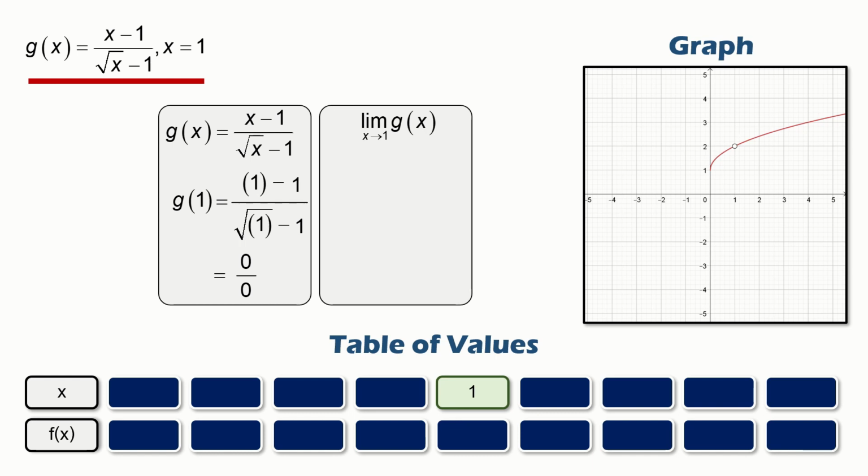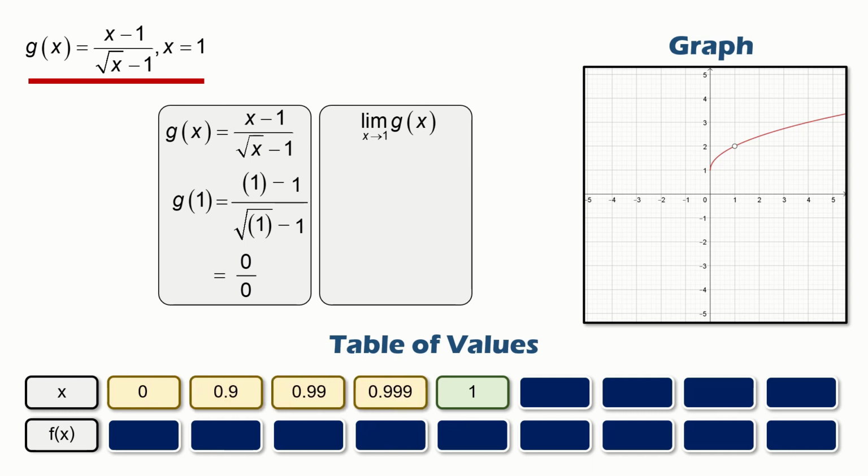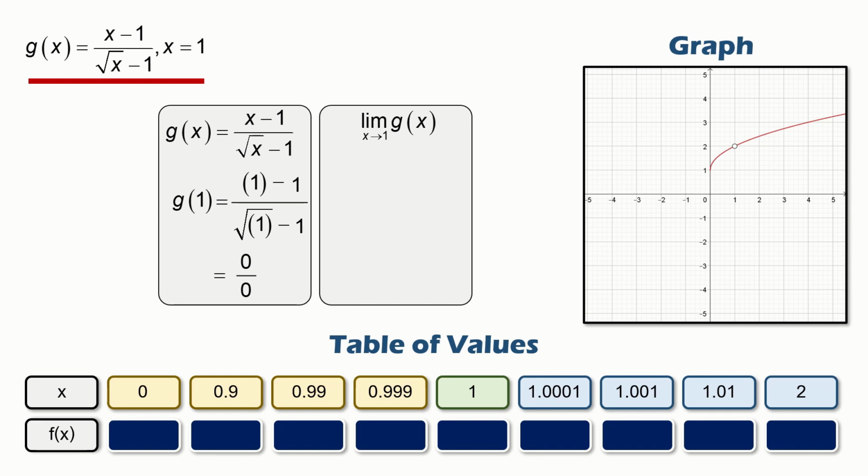From the left, we have 0, 0.9, 0.99, and 0.999. On the other side, we have 2, 1.01, 1.001, and 1.0001.